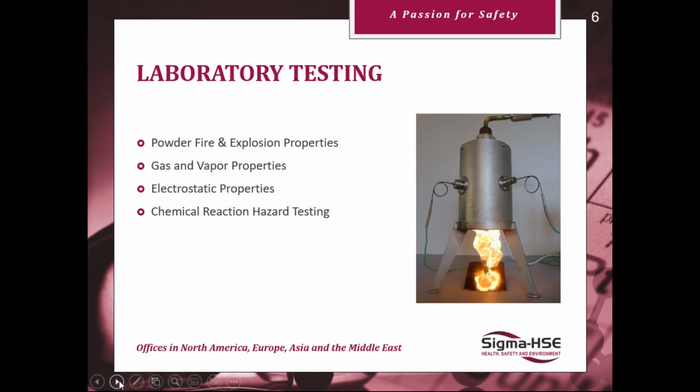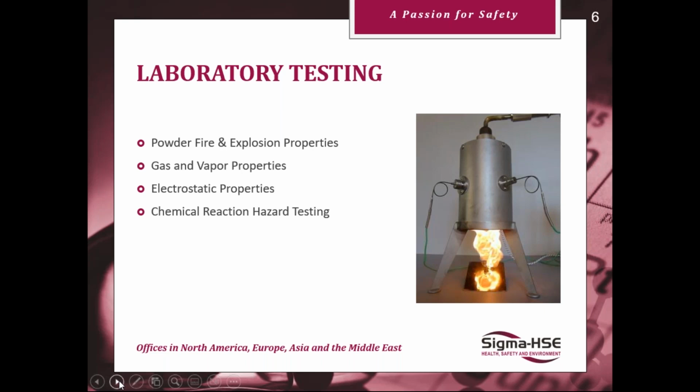The laboratory testing covers a few areas, especially in our UK operation. In our UK lab, we look at powder, fire, and explosion properties. So this would be ignition sensitivity, fire properties, explosion severity, etc. And in our Indian lab, we can look at the ignition properties, how sensitive materials are to ignition.